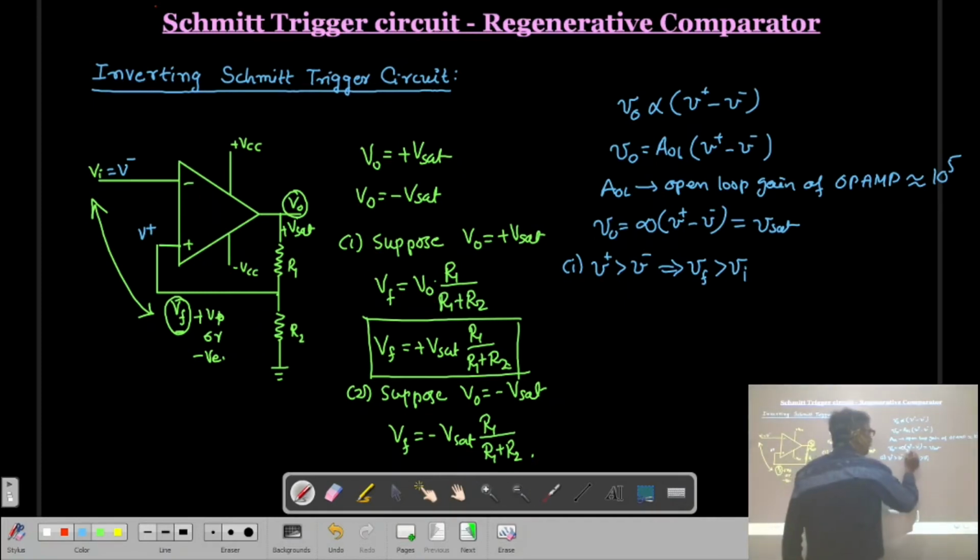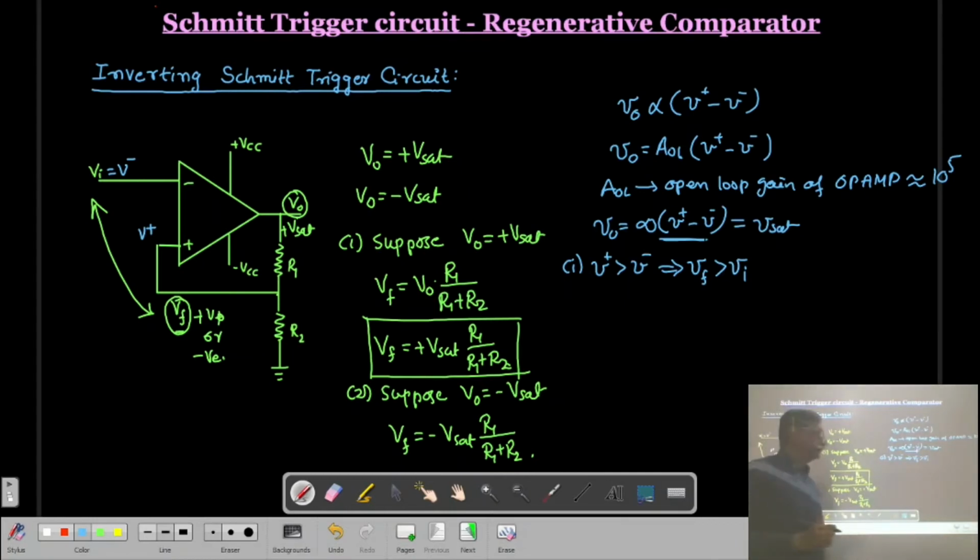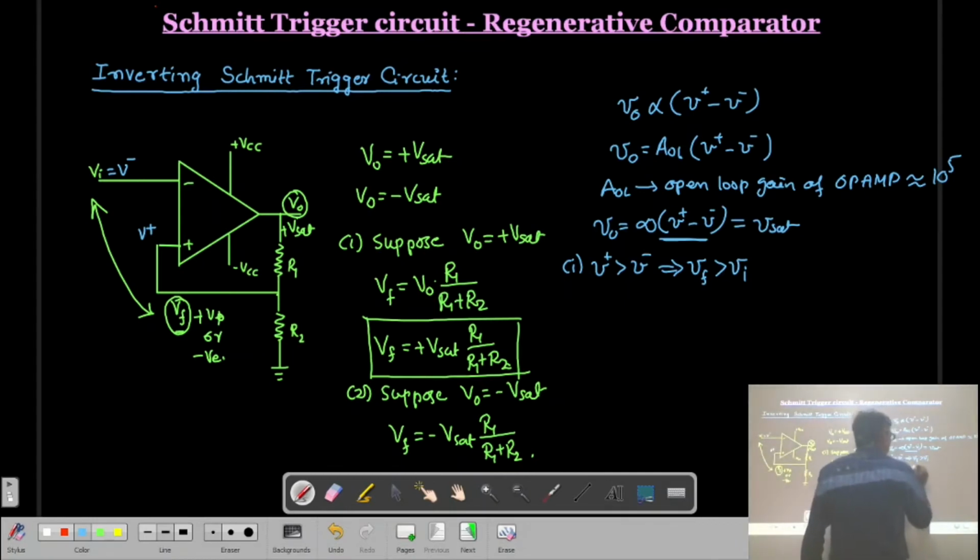So the bracket, the difference, comes out to be positive, and the output voltage will be plus V saturation.